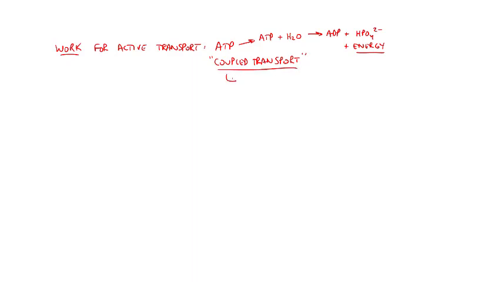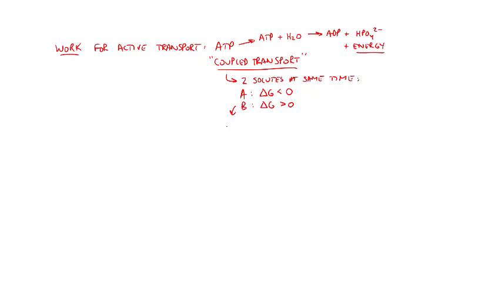What's coupled transport? Coupled transport is when you carry two or more solutes at the same time. Solute A has its delta G for transit being negative, and solute B has its delta G for transport being positive.